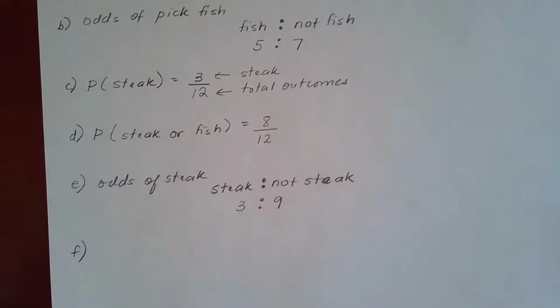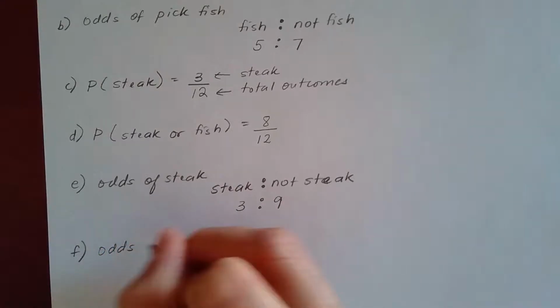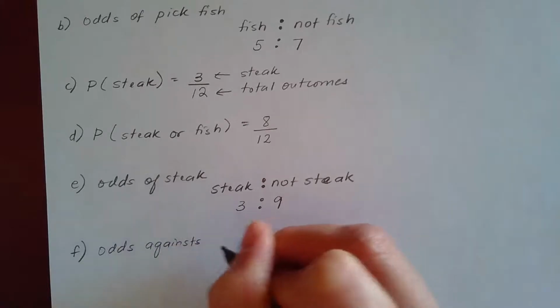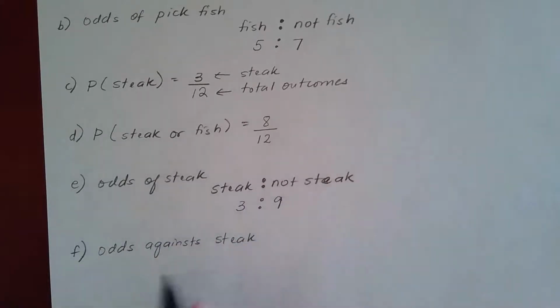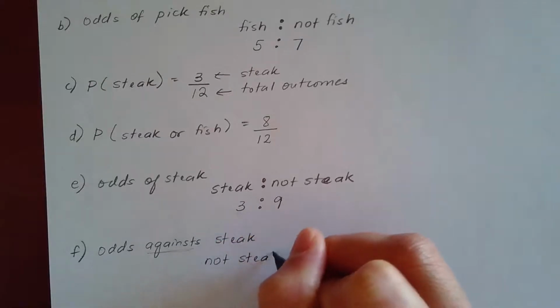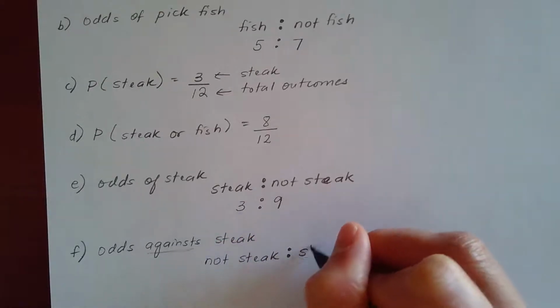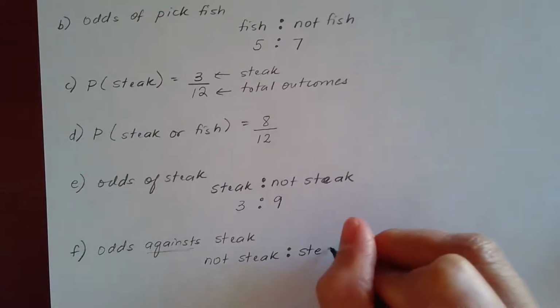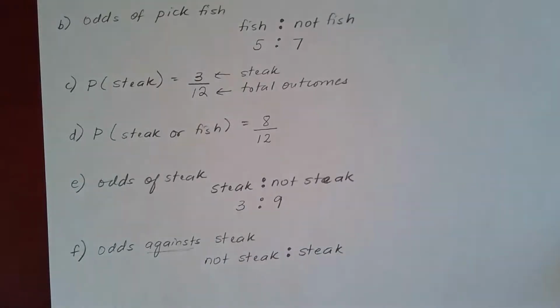And then finally, letter F. Now, they got odds. I got to pay attention to my wording here. Against steak. Now this word against, that means we're going to look for the against the steak. So against the steak means not steak is to steak.